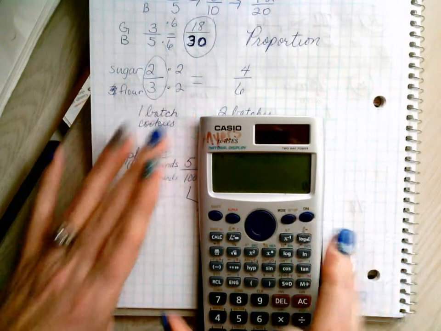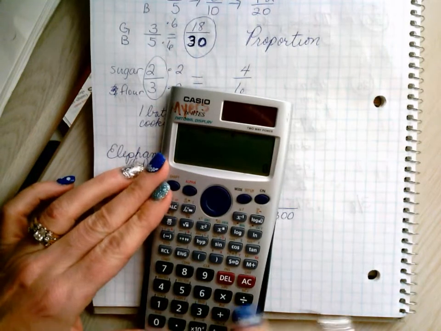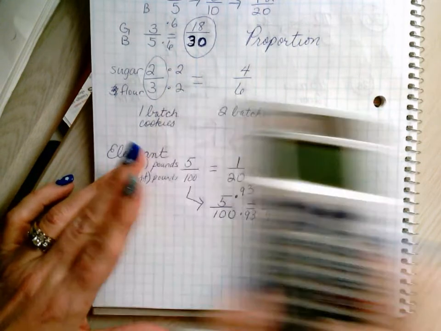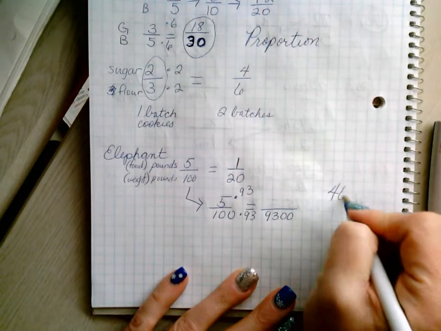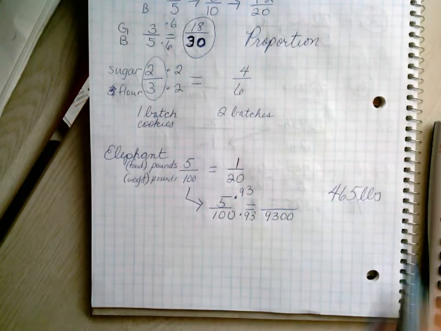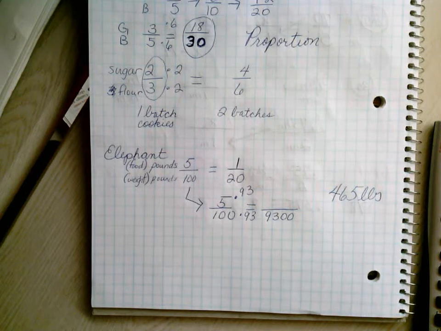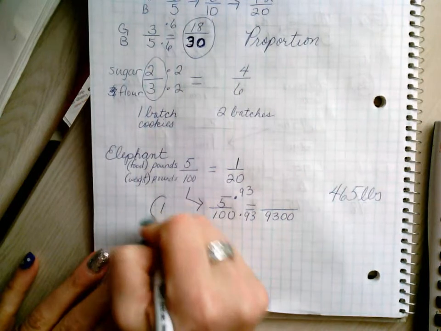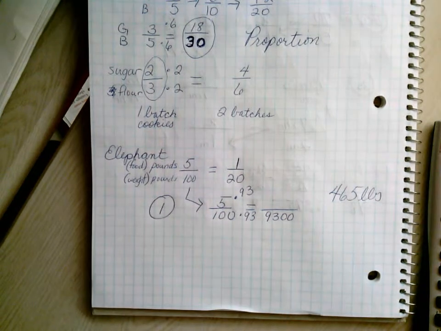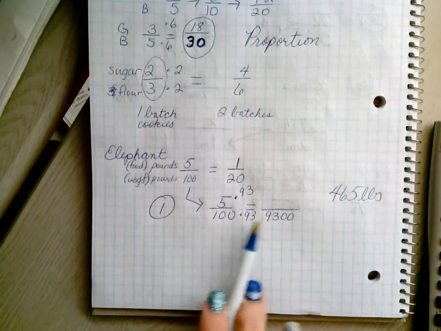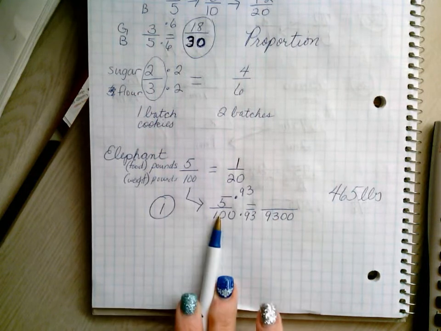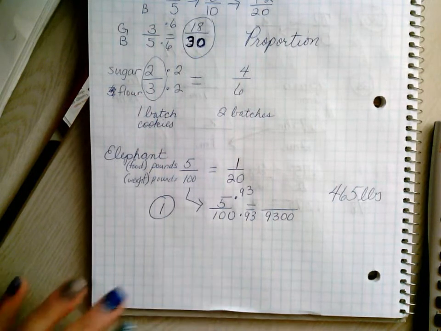So the new numerator would be 93 times 5, 465 pounds of food per day, mind you, per day. I can't even fathom 465 pounds of food, but this is one method of doing it. It was really easy to see that you divide 9,300 by 100 and you get that. But there's another way of doing it.